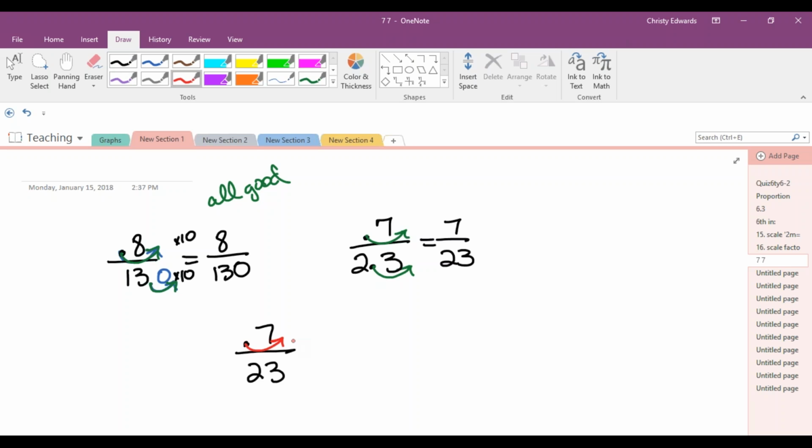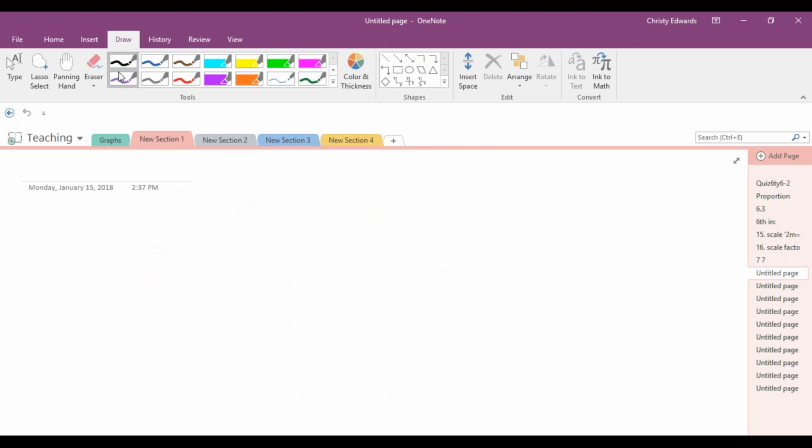If you have to scoot that over 1 to make that a nice 7, where's the decimal in 23? Right here, scooted over 1, you have to add a 0 to make 30. See that fun trick? It's all good because, as we've been saying, it's proportional. If you do the same thing to the numerator and denominator of a fraction, you get an equivalent fraction. It's all proportional, meaning it's all equal.